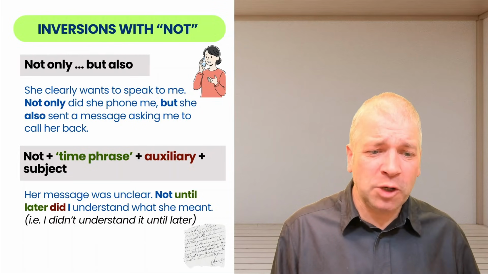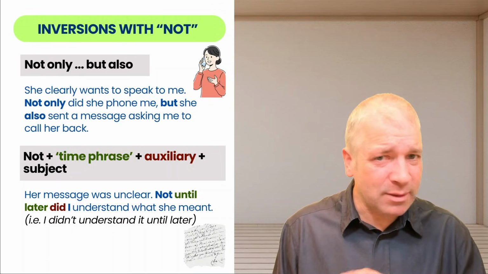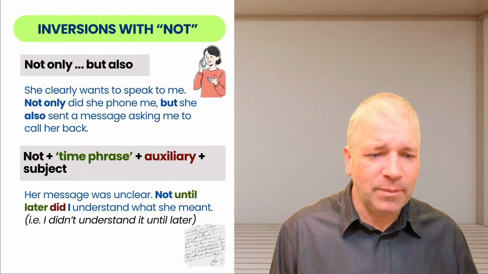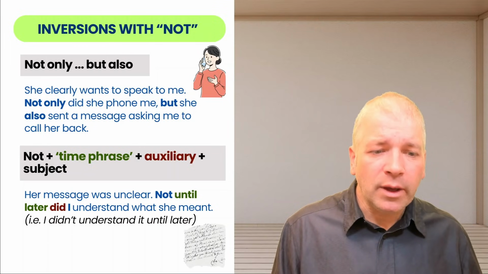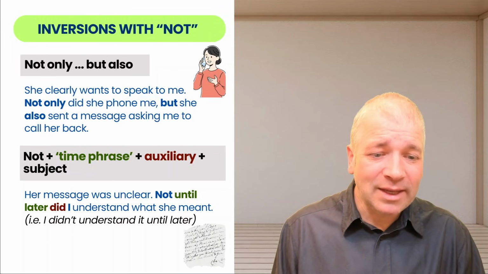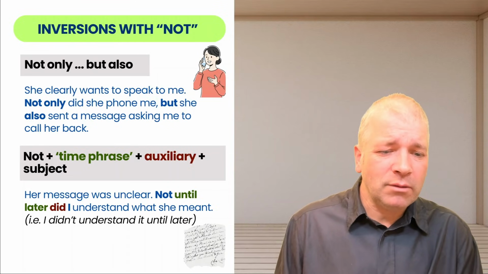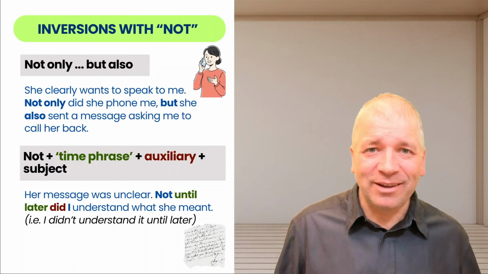Look at the next one as well. Not can be followed by a time phrase, then an auxiliary verb, which is often did but doesn't have to be, and then the subject. Look at the example here. Her message was unclear. Not until later did I understand what she meant. In other words, this second sentence means I didn't understand it until later.